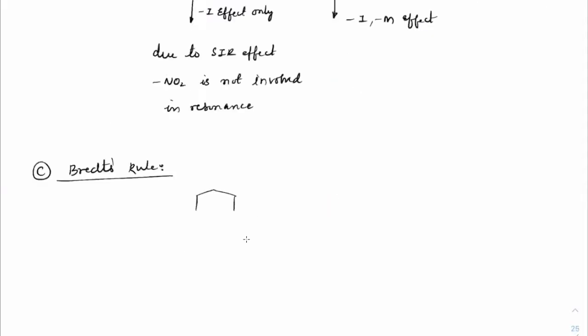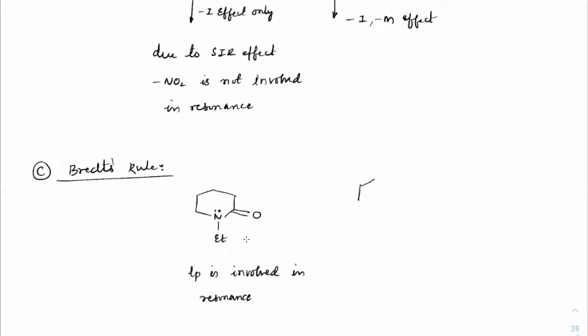Let me show you that. Suppose there is a lone pair here with ethyl and a double bond. This is supposed to be an amide group, and in this amide group the lone pair will be involved in resonance.